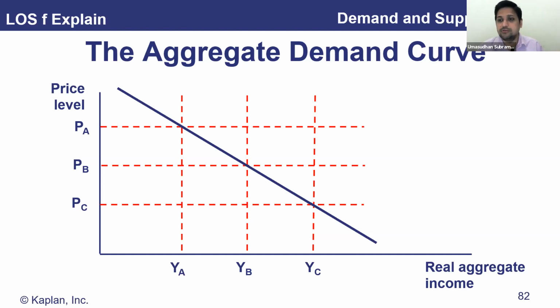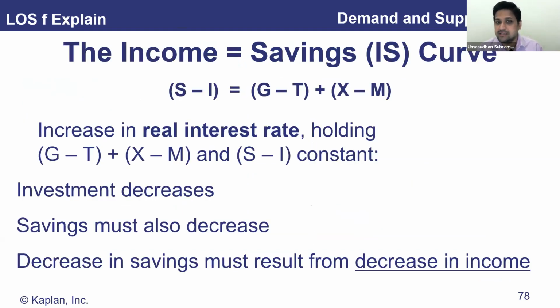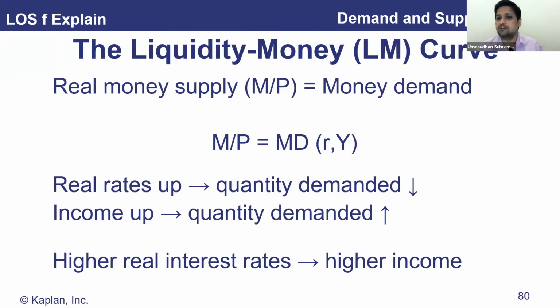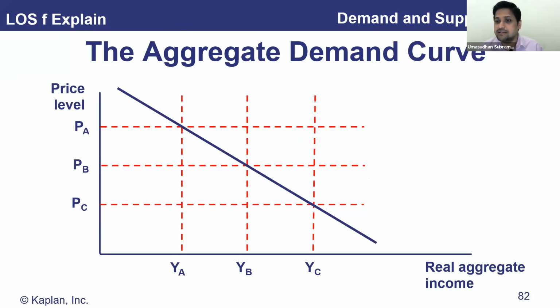So all we're going to do now over the next 5 minutes or so is talk about two curves. One is the IS curve, which is income savings curve, and then we are going to talk about the LM curve, liquidity money curve, and then we are going to understand how the LM curve and IS curve are going to be used to understand what your aggregate demand curve looks like.